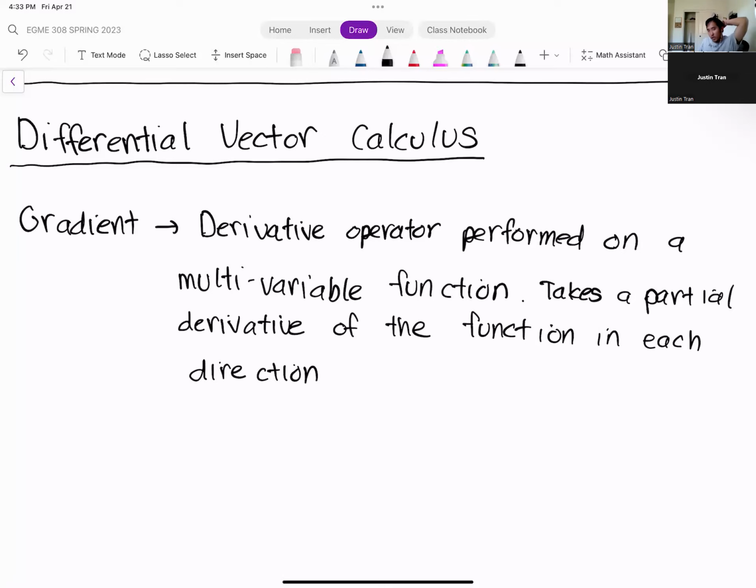Then it's going to save your result as a vector.